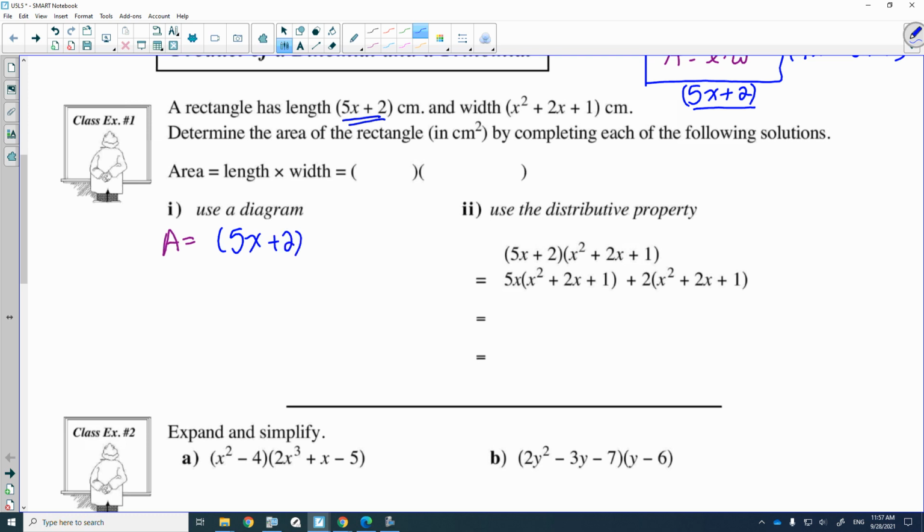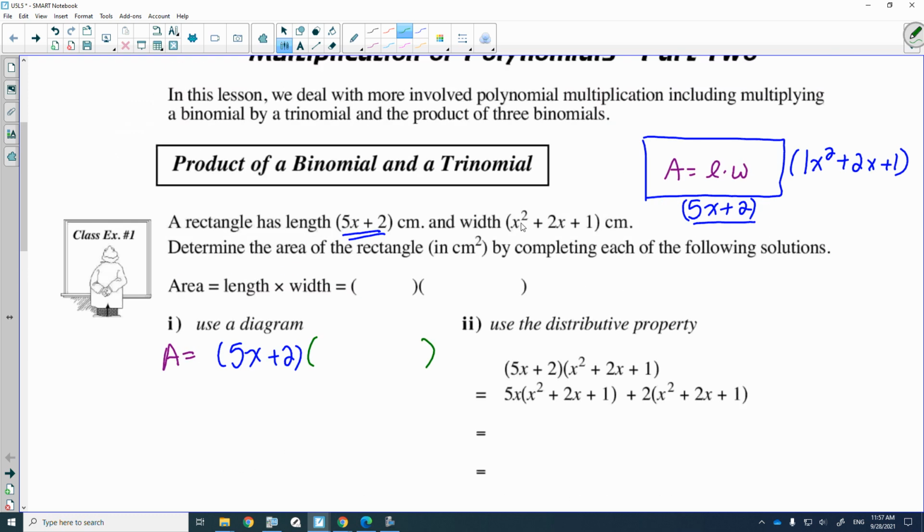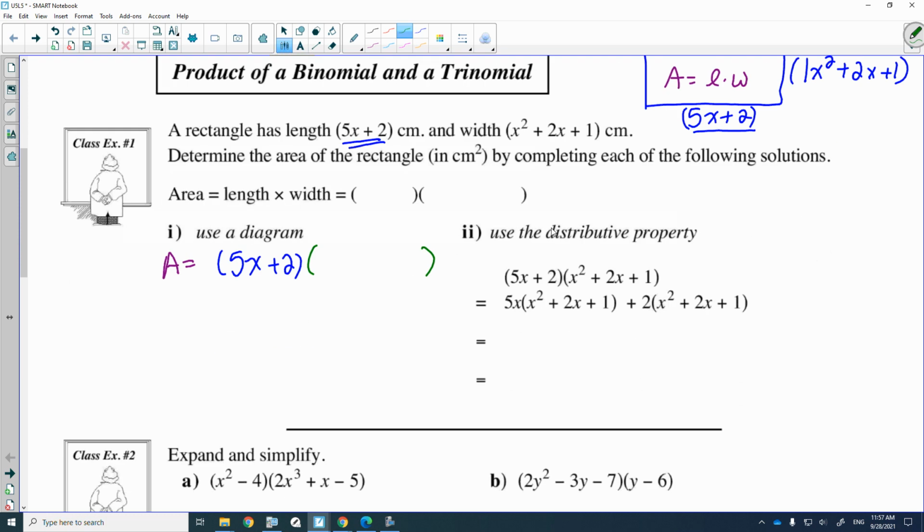And that is going to be multiplied by the trinomial, which is 1x squared plus 2x plus 1. It is the exact same as multiplying two binomials. It's going to be the same steps. We're just going to be distributing it to one more place.